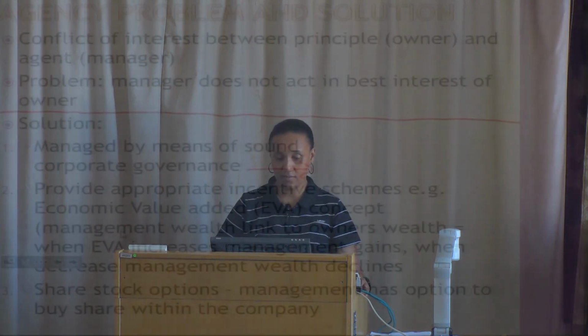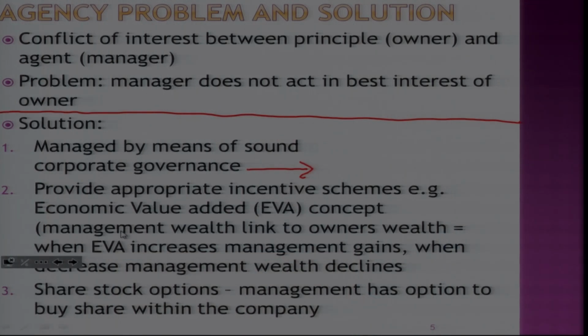The second one is to provide appropriate incentive schemes. For example, economic value-added concepts. Management wealth links to owner's wealth, right? So basically that means you come and you tell me, for every sale or sale target that you make, I will give you a 2% increase.